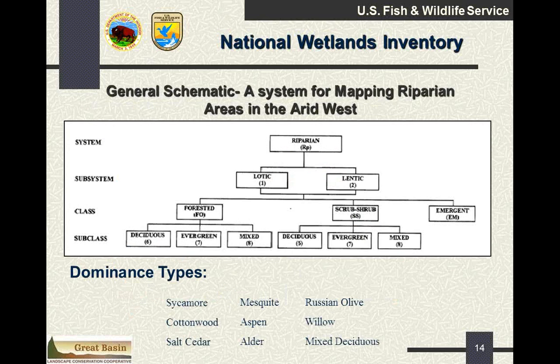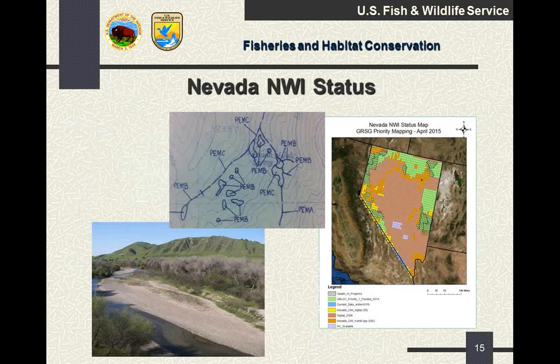We do allow dominance types. So it would start off with a coding of a little RP instead of some of our regular codes, and gets down to further detail. So I just wanted to separate that out for people that maybe aren't familiar with NWI mapping and the fact that we have a different definition than maybe what you're thinking.